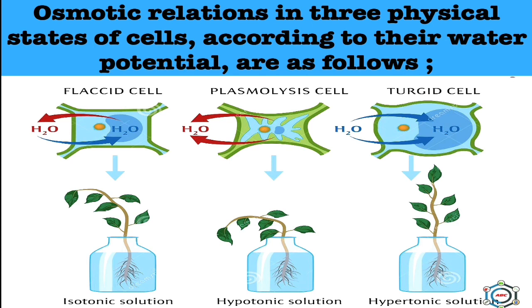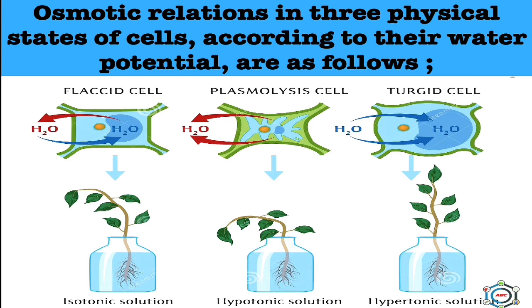The resultant water potential will be more negative. So here in this picture you can see flaccid cells in case of isotonic solution, plasmolyzed cells in case of hypertonic solution, and turgid cells in case of hypotonic solution.